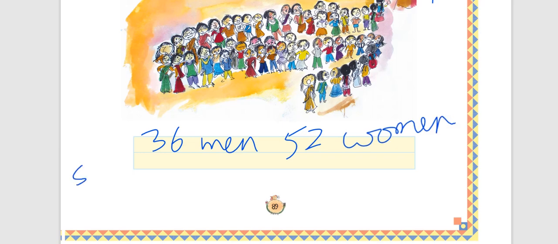So altogether, or the sum of total people, is 36 plus 52. Let's add up in our mind. 6 plus 2 ones is 8 ones. 3 plus 5 tens is also 8 tens. So 88 people.